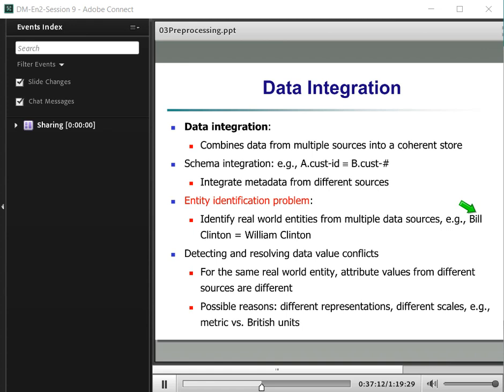For example, I have two different sources. In one of them, we have a record for Bill Clinton, and in the other table or data set or database, there is another record.